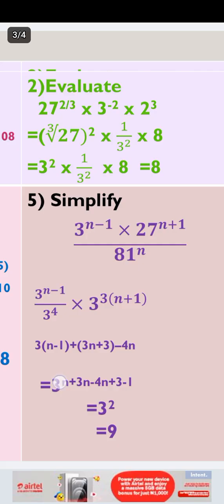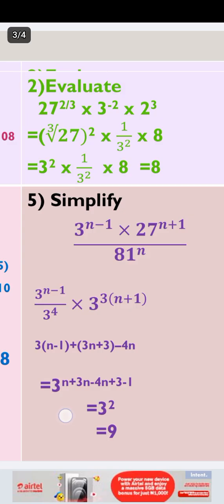It becomes 3 raised to power (n minus 1) plus (3n plus 3), because we are multiplying, then minus 4n, because minus 4n is dividing. Automatically it becomes 3 raised to power n plus 3n minus 4n plus 3 minus 1.